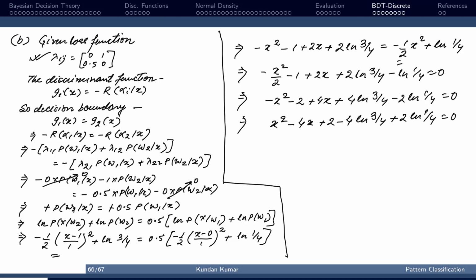Okay. And if we solve this constant term, then we will have the quadratic equation as x square minus 4x plus 0.378 equal to 0.